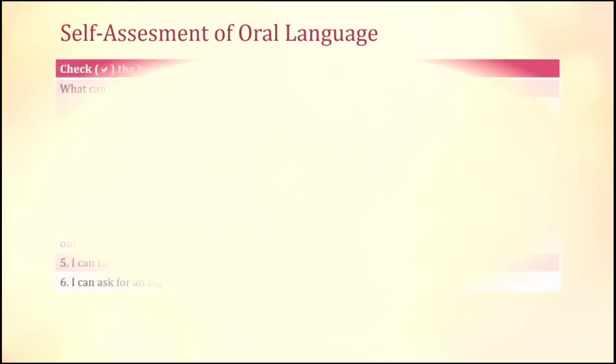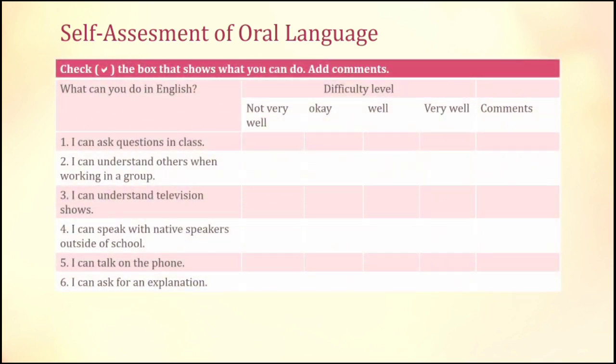Alright, this is the example of self-assessment of oral language. The formula here, or the table, is that the learner or students should put a check in the box that shows what the learner can do, and then add comments.